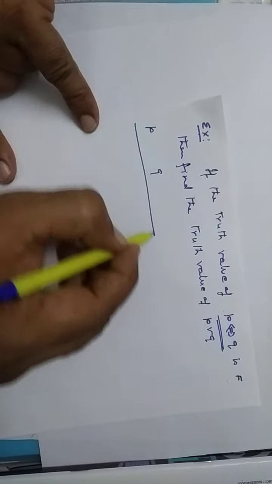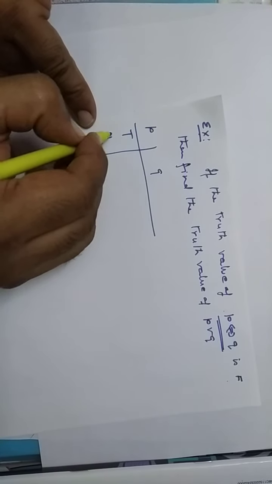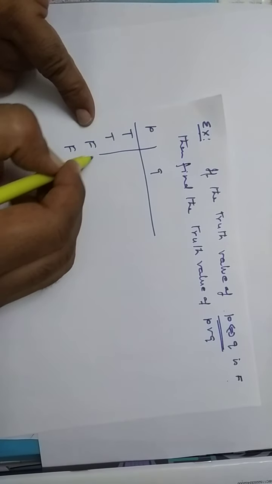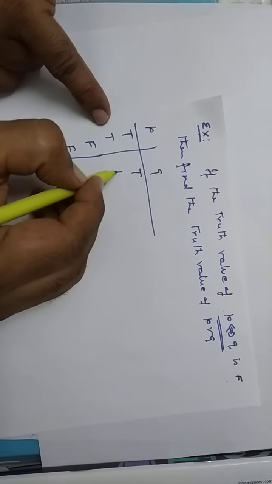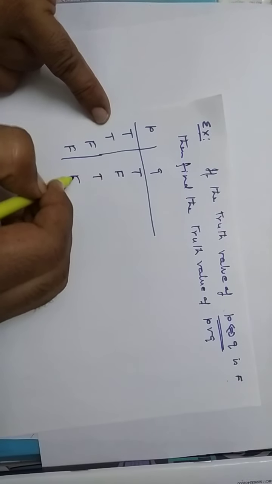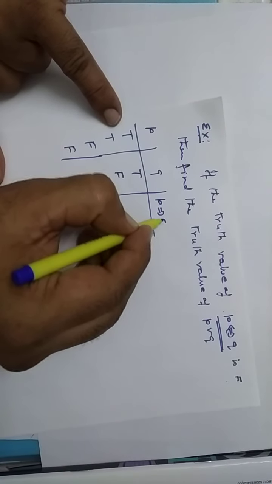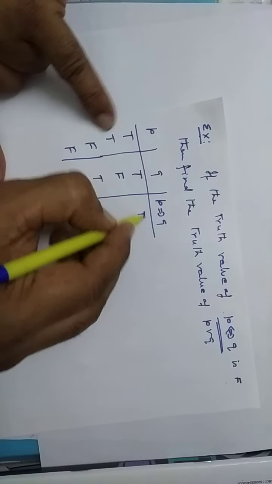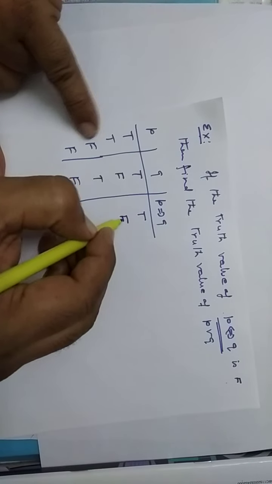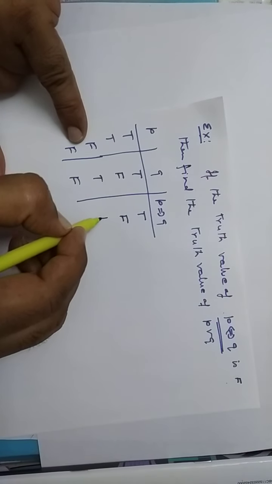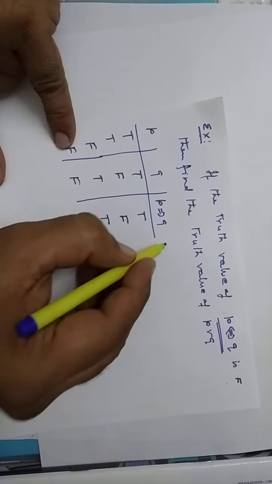One is P, the other is Q statement. For P we take true, true, false, false. For Q: true, false, true, false. P implies Q: true implies true is true, true implies false is false, false implies true is true, and false implies false is also true.